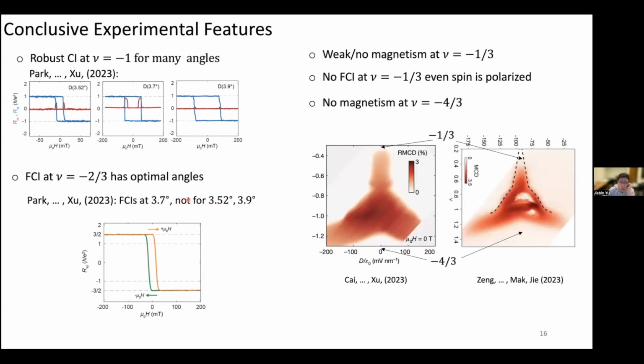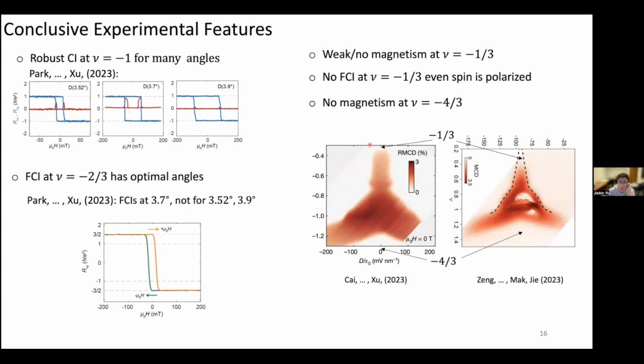The remaining puzzles happen at nu equals -1/3 and -4/3. At nu equals -1/3, some samples show magnetization, some do not. In these two figures, the red region is the magnetic phase and white is non-magnetic, and you can clearly see that -1/3 is at the transition between magnetic and non-magnetic.